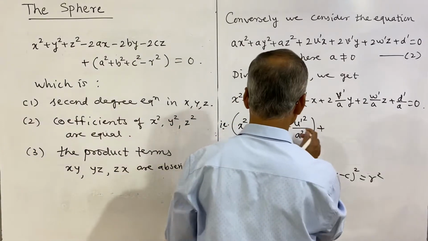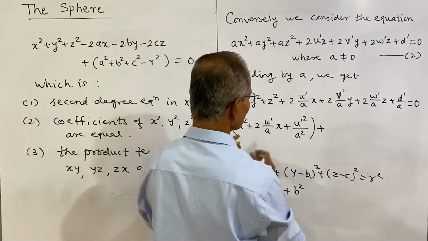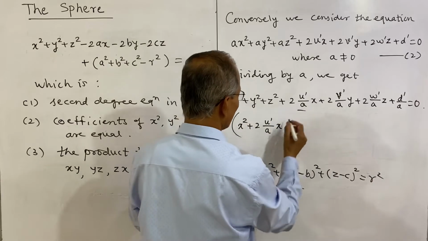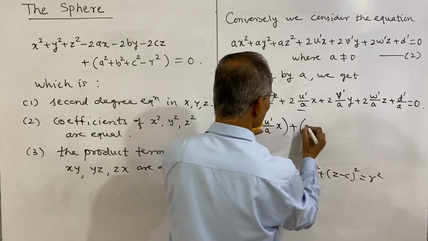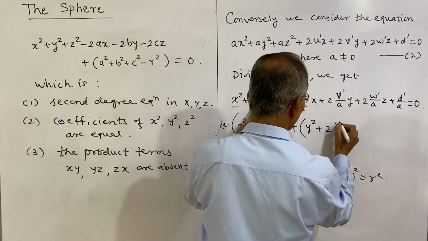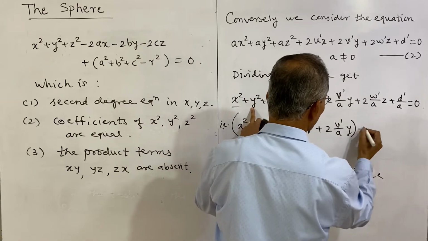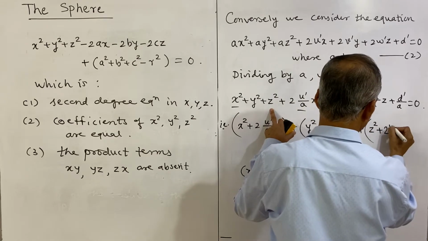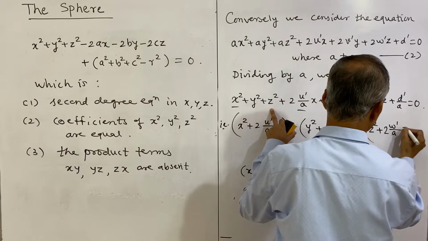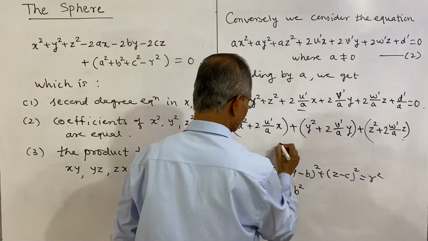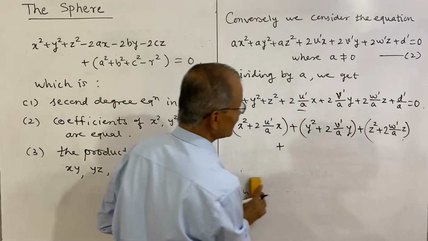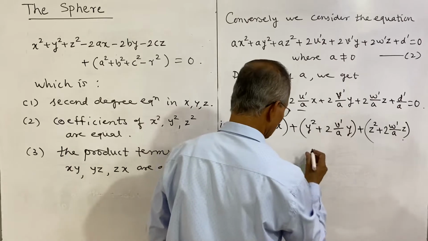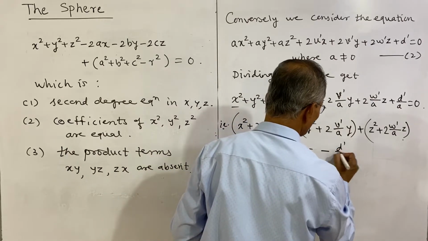plus we have collected the terms. First I shall write this and then we will add the third term. So I shall write this term, plus next is y square plus 2v prime divided by a into y, plus z square plus 2w prime divided by a into z, and plus the remaining term is d prime divided by a, and that term I shall write on the right side with a negative sign, minus d prime upon a.